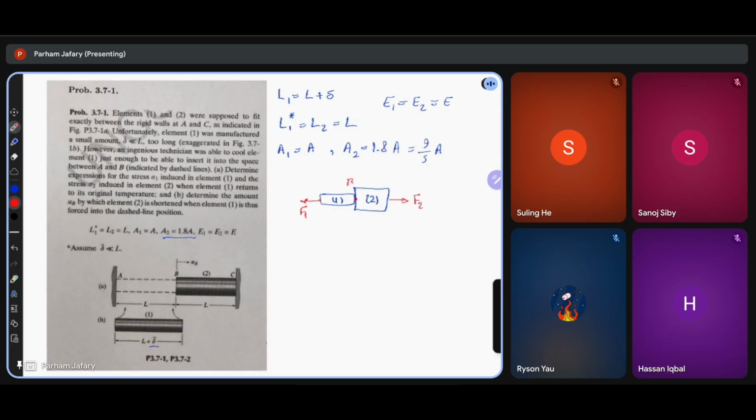And this in the middle is point B. Writing sigma Fx equal to 0, we figure out that F1 is equal to F2.